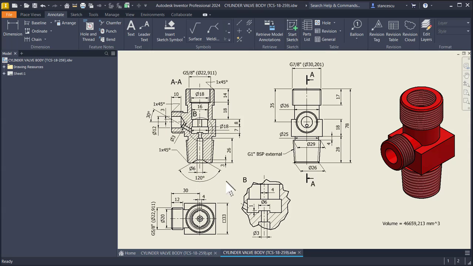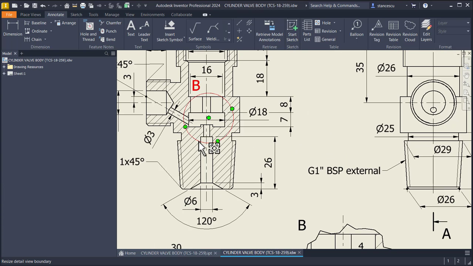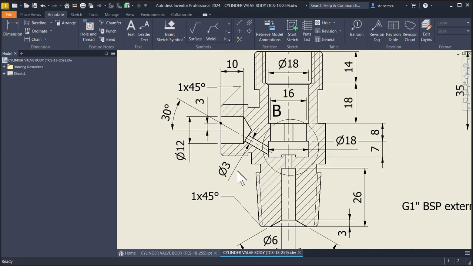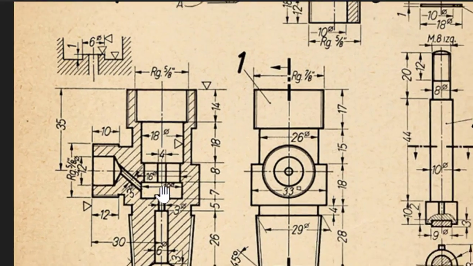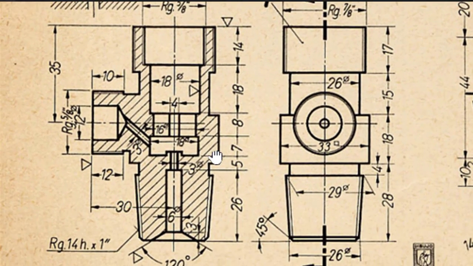My drawing is here. We have to observe that this hole must be manufactured, yes, from the technological point of view. In the drawing of Timoteo, you see this hole cannot be manufactured. You don't have how to drill this hole.